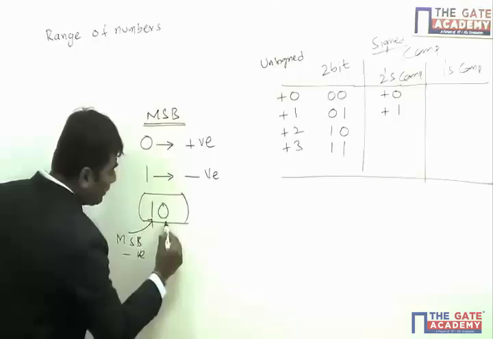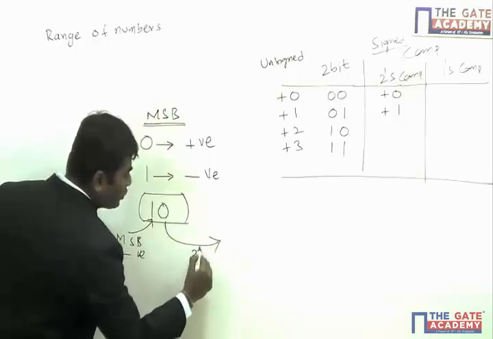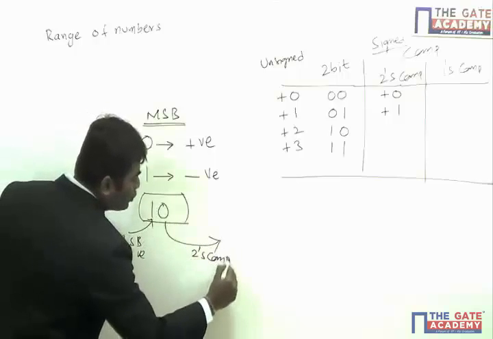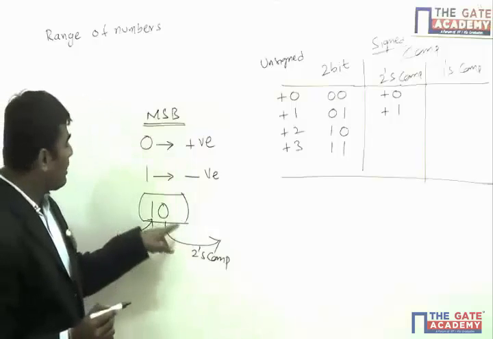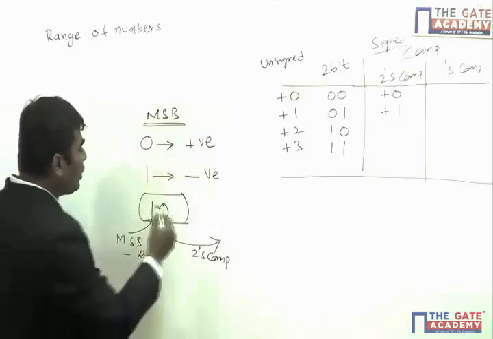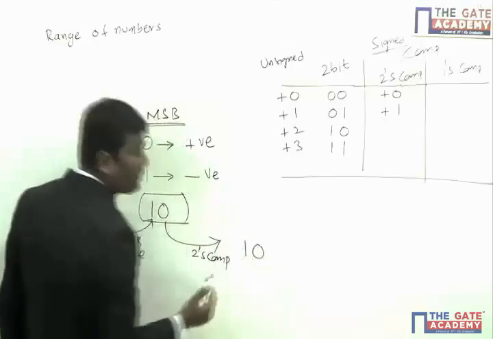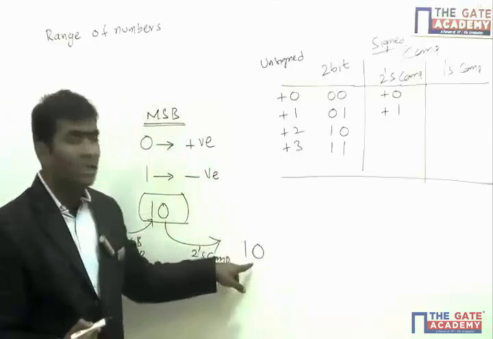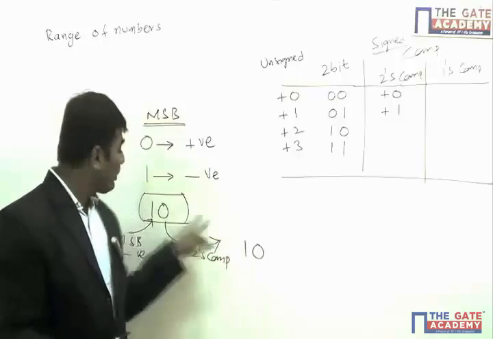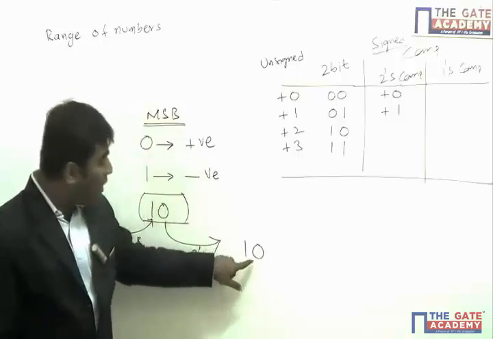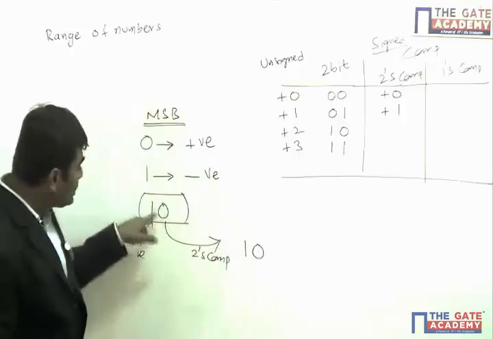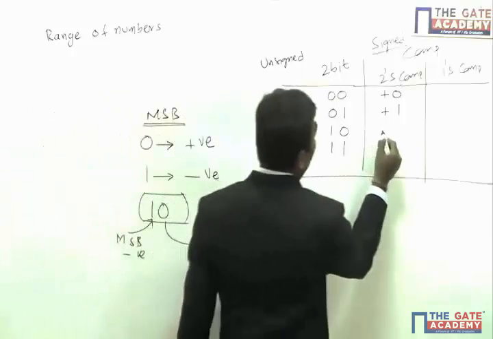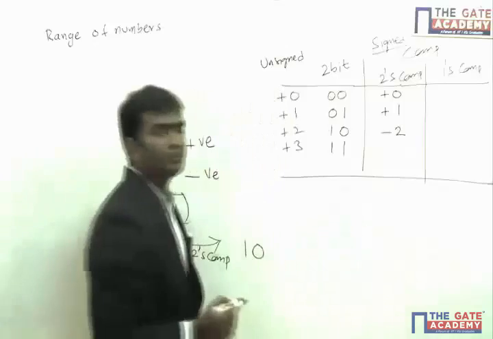You can remove that mask by applying 2's complement. But interestingly for this scenario, if you remove the mask, it is 1 0 only. When you remove the mask, it gives you the magnitude. This magnitude is 2. Since you have removed the mask, this number is minus 2.